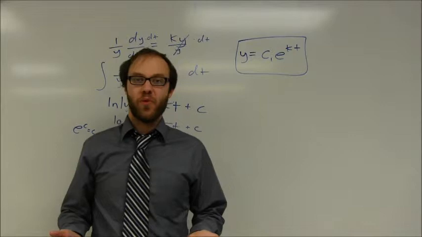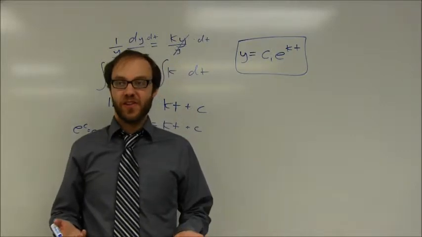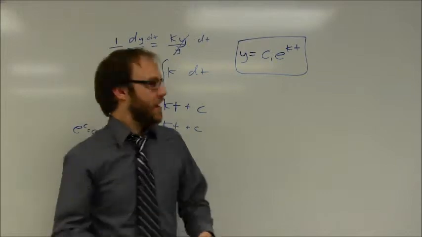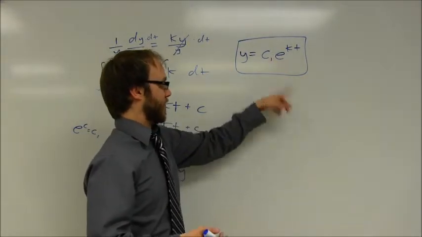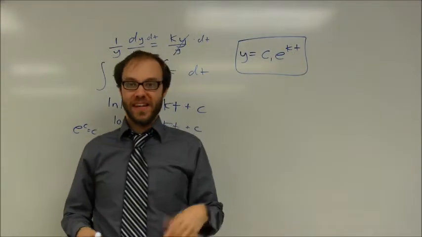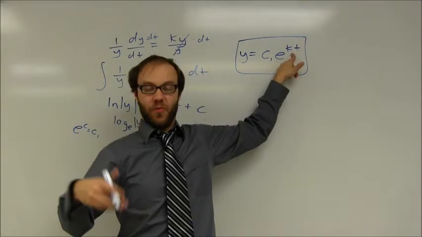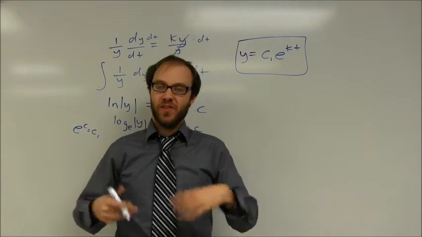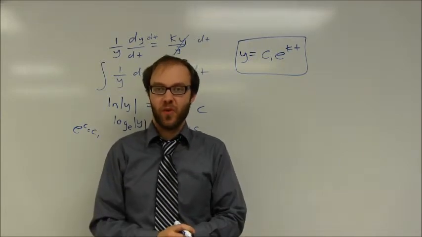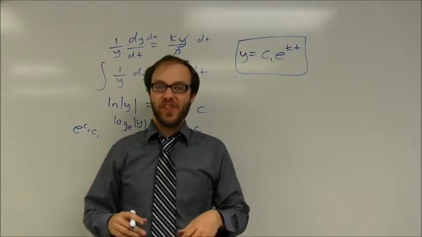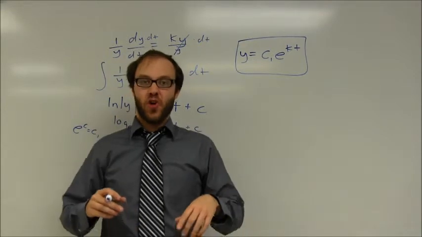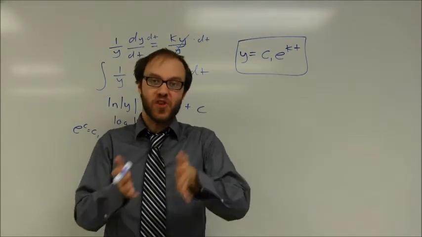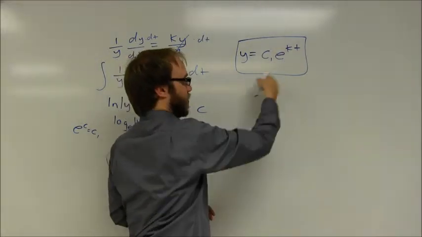Okay? It's exactly the same formula that you've dealt with in population problems, in exponential growth problems back in Algebra 2 and Pre-Cal. You knew it as the PERT formula. You had a p and you had an r here as a rate. And that constant is a growth rate, and that actually is going to end up being your initial value, which you can find when you set t equal to 0 and work backwards. So anytime you see that a function's growth or rate of change over time is directly proportional to the function, you're going to end up working with this formula.